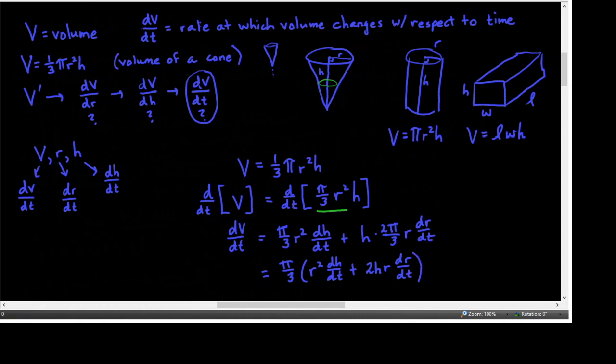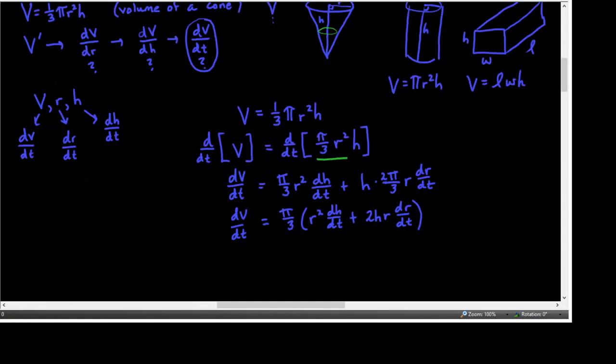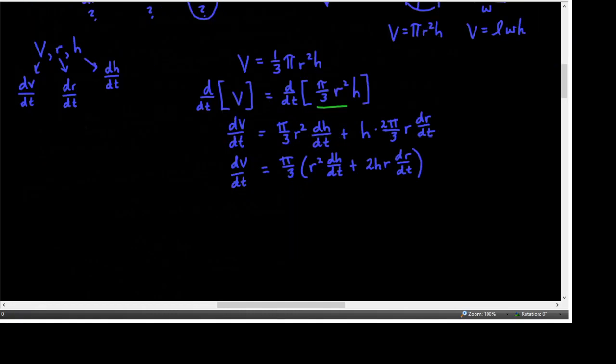So the rate at which volume is changing depends on a lot of things: the rates at which both height and radius are changing, and the specific height and radius values at any particular time.